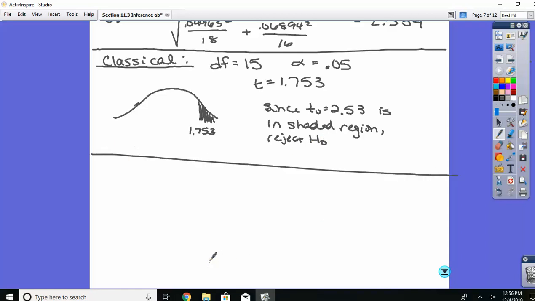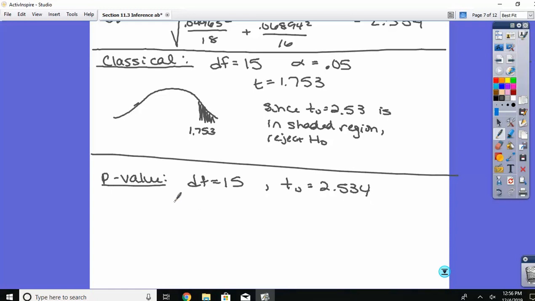P-value approach. So if I want to look at this, we need, based on our degrees of freedom and our t statistic that we found. So if you go to 15 degrees of freedom, in that row you want to find the closest to 2.534 that you can.